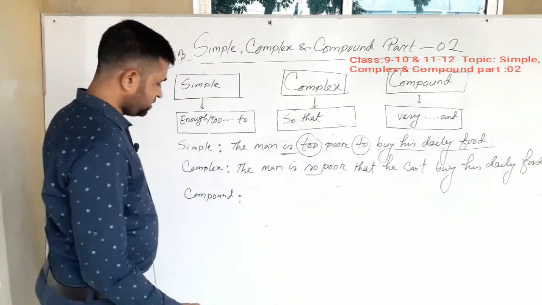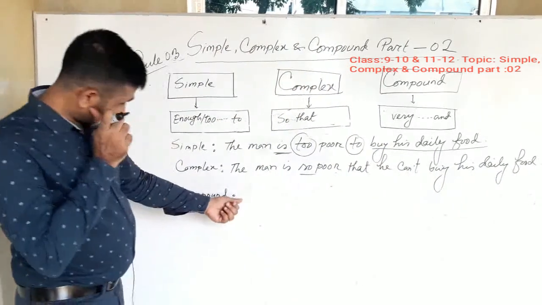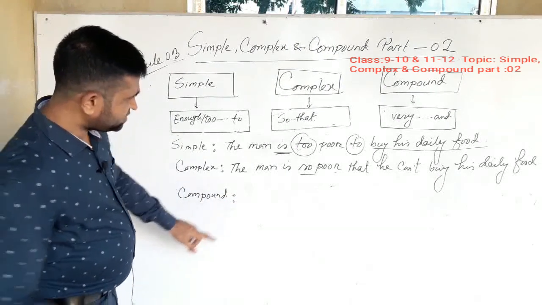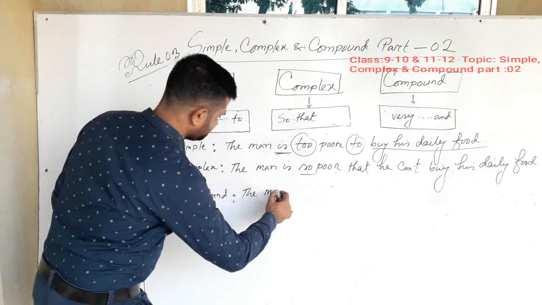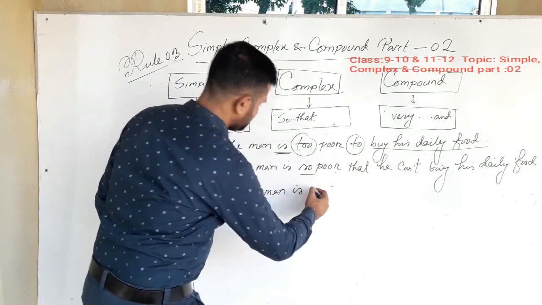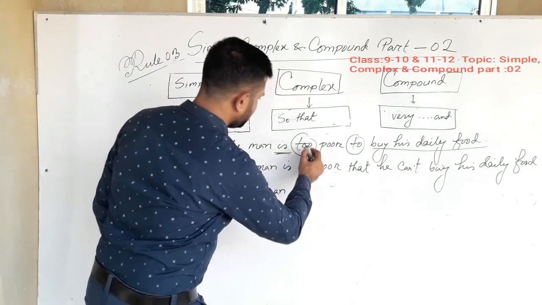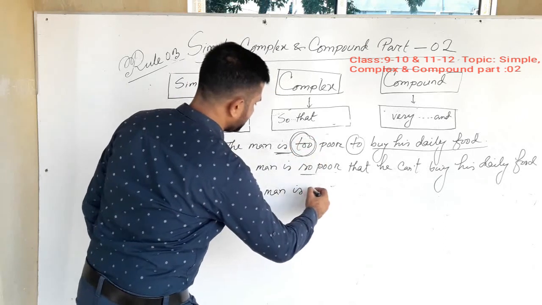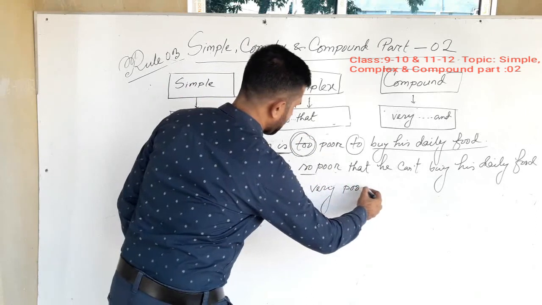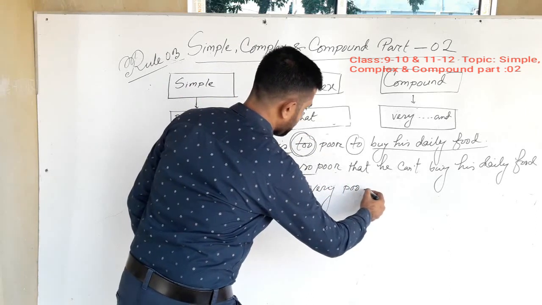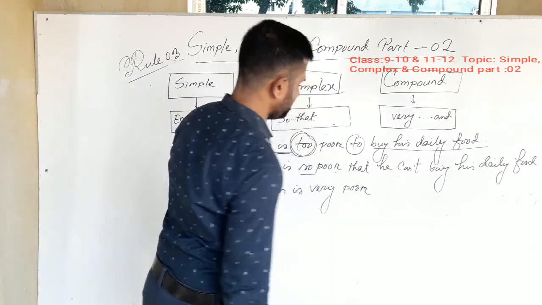Dear viewers, now you can write down the compound sentence. The man is, instead of "too", we can use "very". The man is very poor.